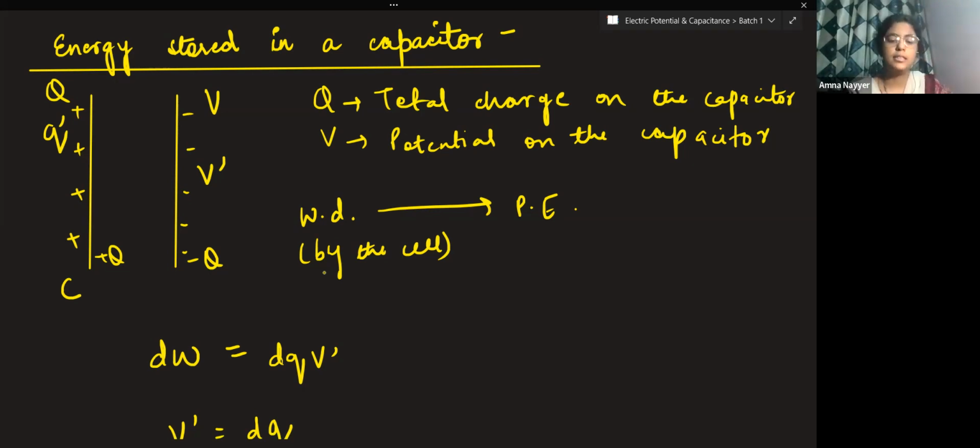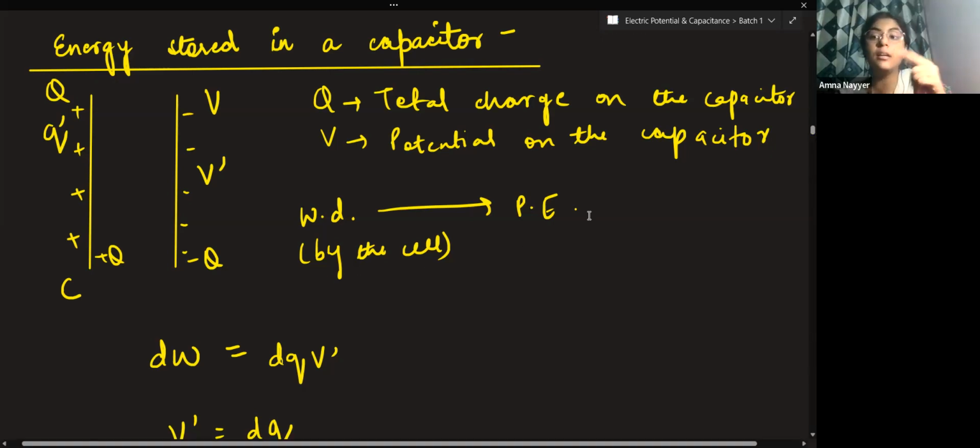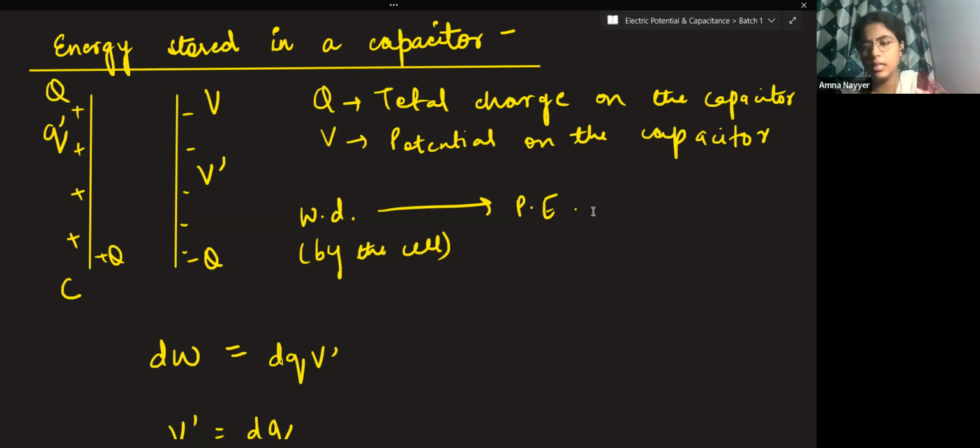Remember, when we did different energies, we always saw that work done only gets stored as potential energy. When we were discussing electrostatic potential energy, there also we saw the whole work done got converted into potential energy.